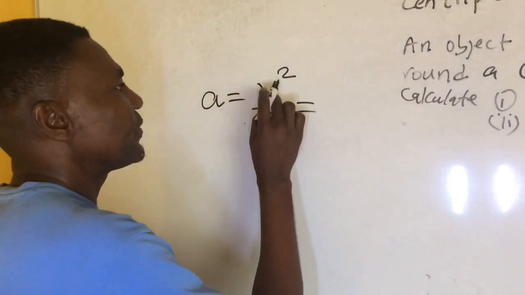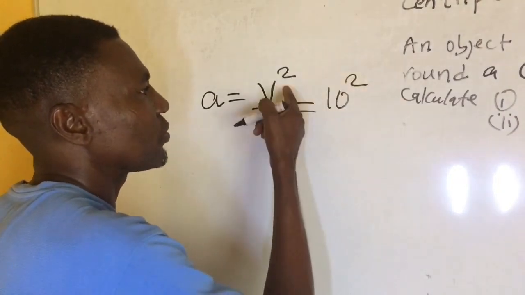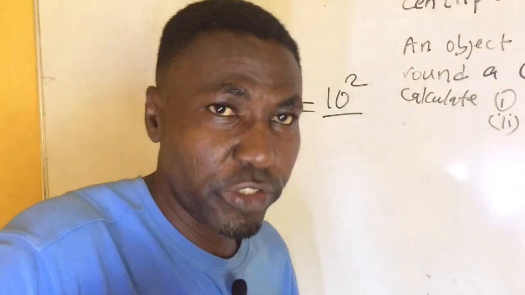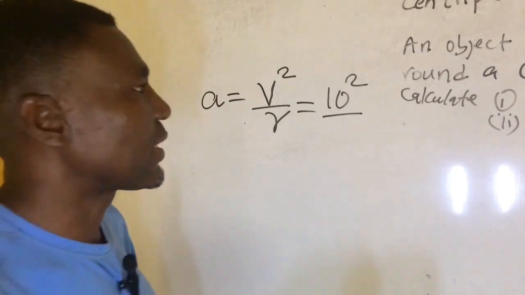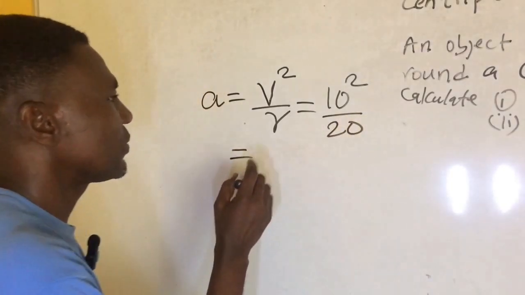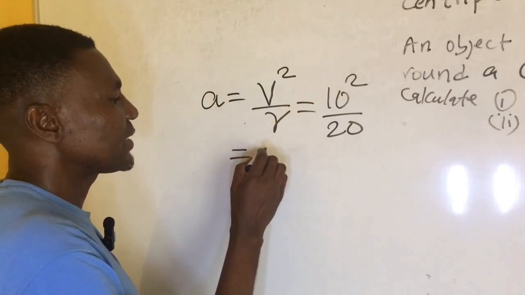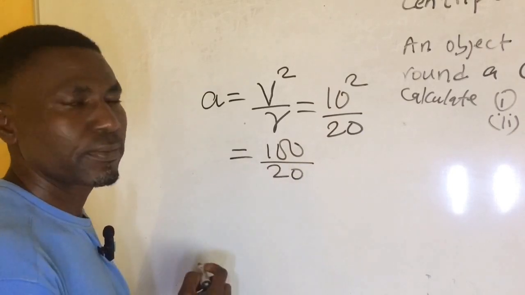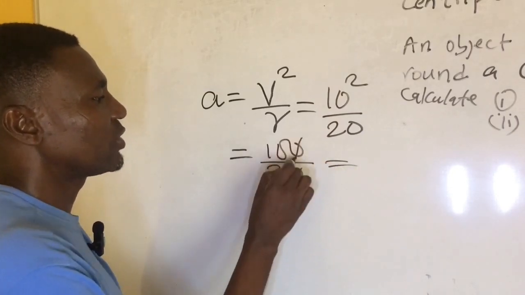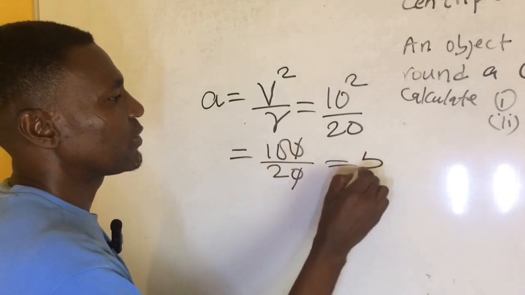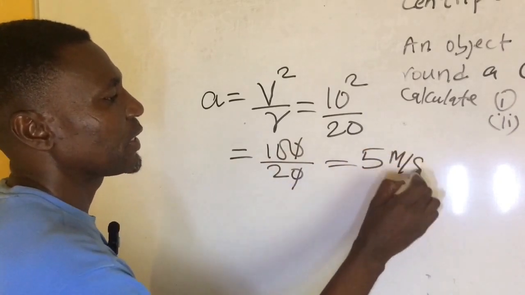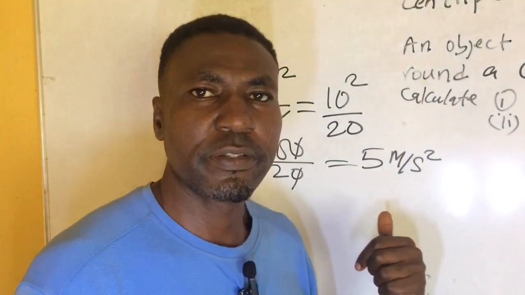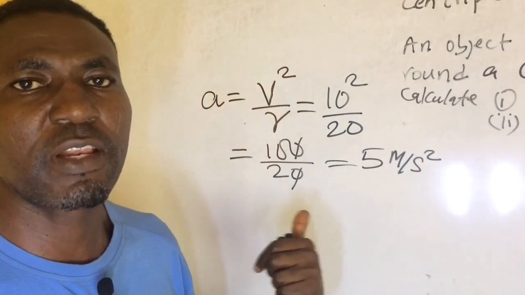So v is 10 raised to power 2, all over r, which is the radius of the circle in motion, 20 meters. 10 times 10 is 100, over 20. 0 cancels 0, 10 divided by 2 is 5 meters per second squared. This is the acceleration they are asking about.